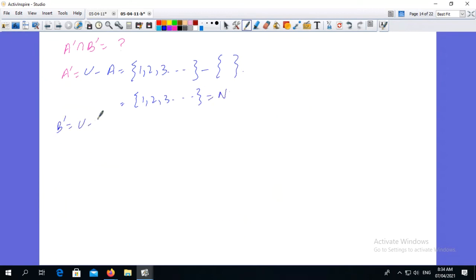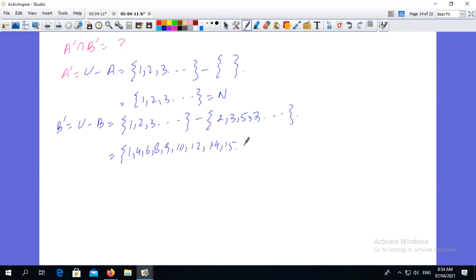B complement means U minus B: 1, 2, 3 and so on minus the prime numbers 2, 3, 5, 7 and so on. And we are left with 1, 4, 6, 8, 9, 10, 12, 14, 15 and so on, or N minus P.